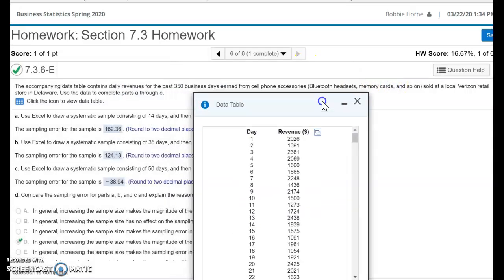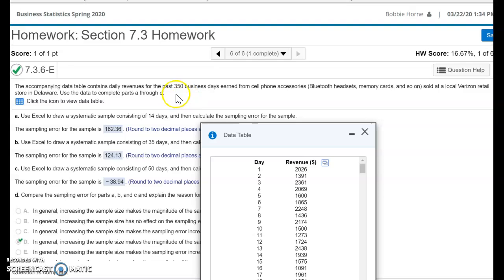So for this problem, the population size is 350 business days, and the sample size is 14 days. So we would do 350 divided by 14, which is 25.